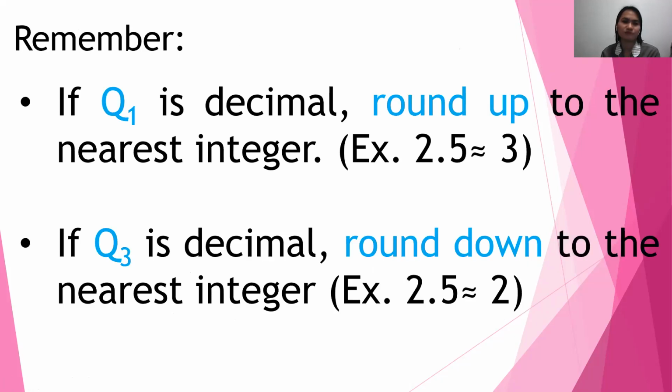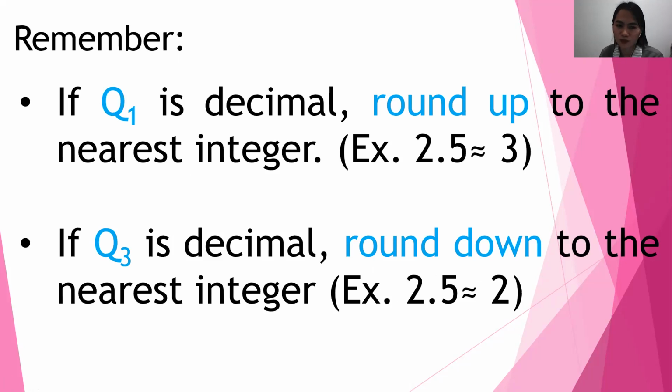Okay, so remember, if we get quartile 1 and our answer is a decimal, we round up to the nearest integer. For example, 2.5 becomes 3. So we rounded it up to the nearest integer, and we get 3.